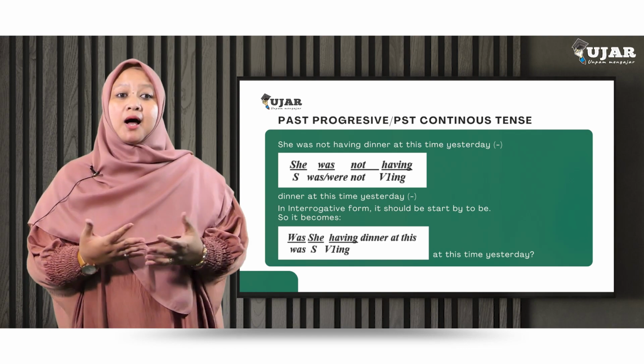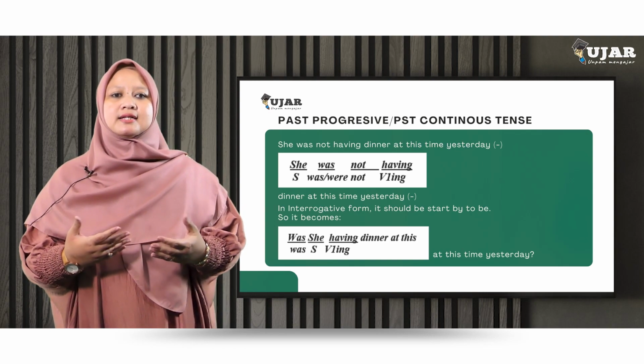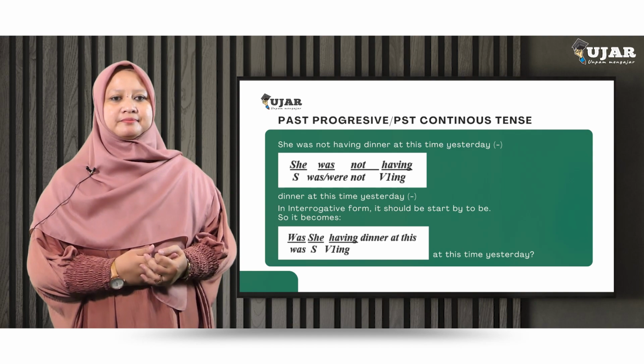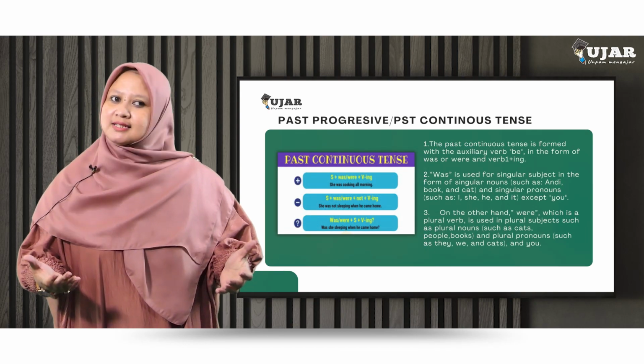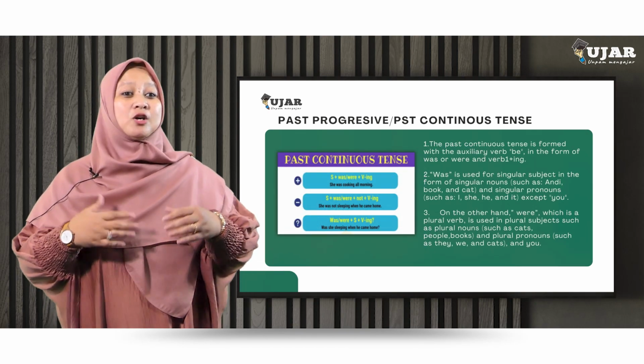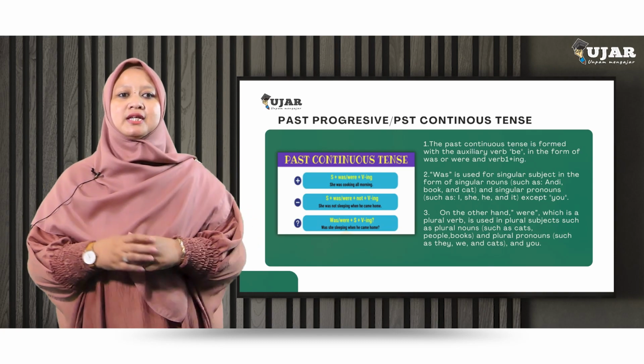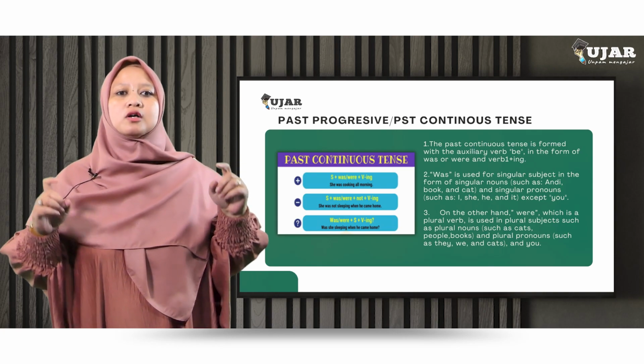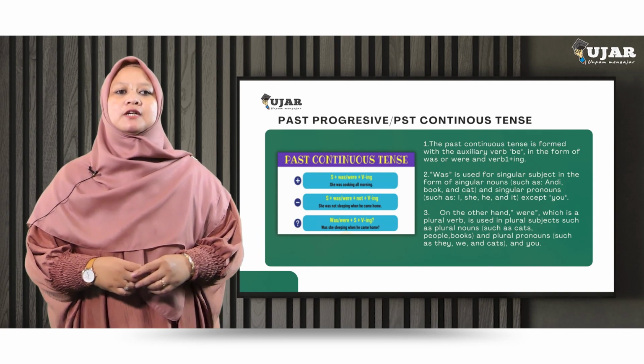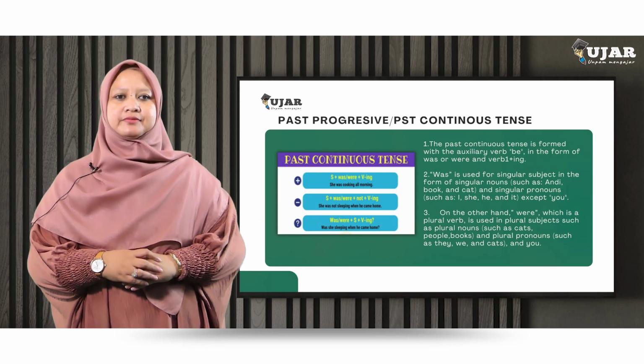From the form of past continuous tense, we can see the following pattern. Past continuous tense is formed with the auxiliary verb or to be in the form of was or were and verb 1 plus ing.